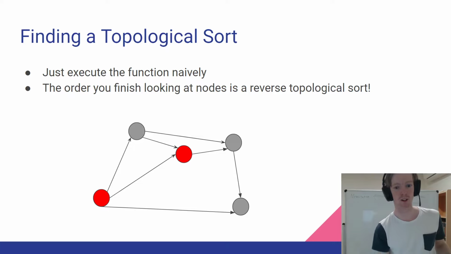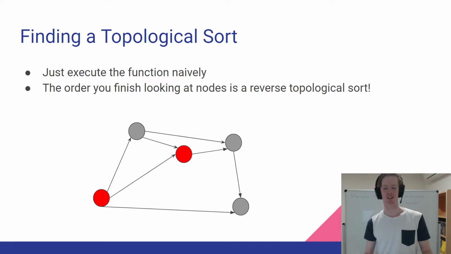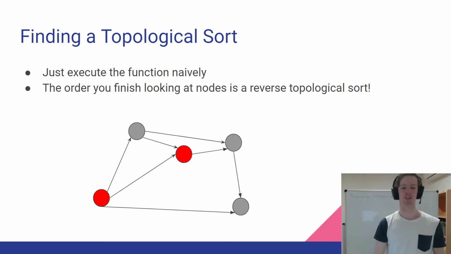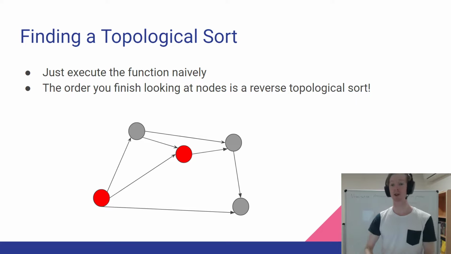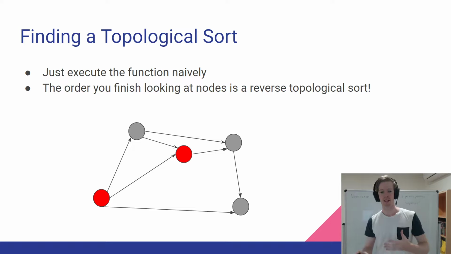So if we look at how this works, if we execute the function, first of all, we're just naively enumerating to this position in the graph. We could have chosen any of those three children available. So again, with a topological sort, it doesn't actually matter what order you do the final dependencies in.